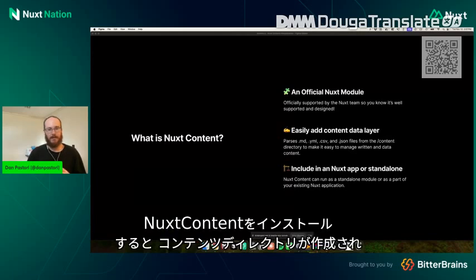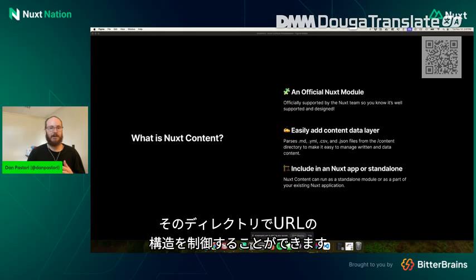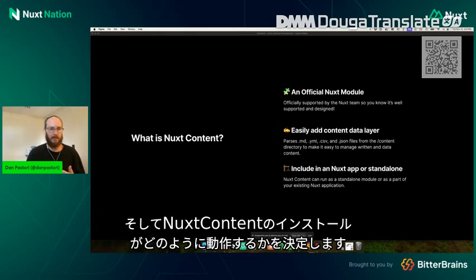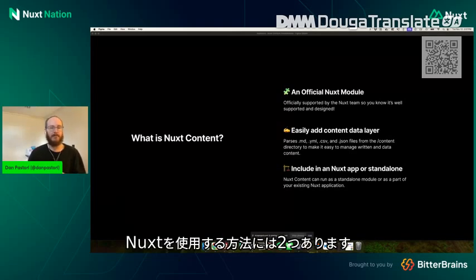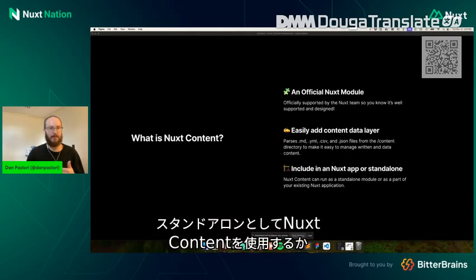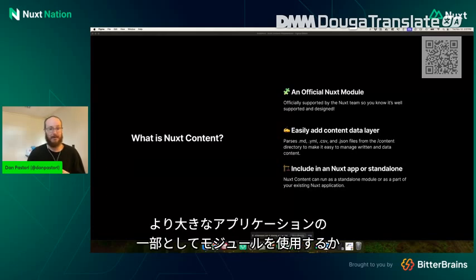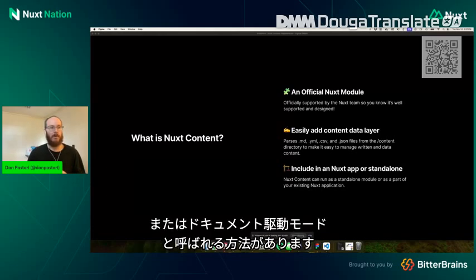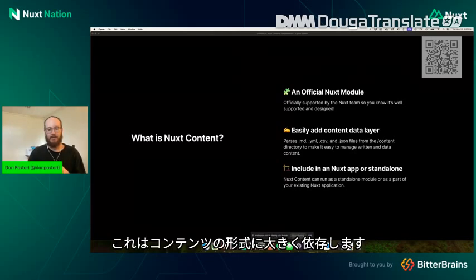So when you install Nuxt content, you'll get a content directory, and you can have that directory drive the URL structure and how your Nuxt content install works. And there's two ways to use Nuxt content within your Nuxt install: as a standalone module as a part of a greater app, or in what's called document-driven mode, which relies heavily on the form of your content.